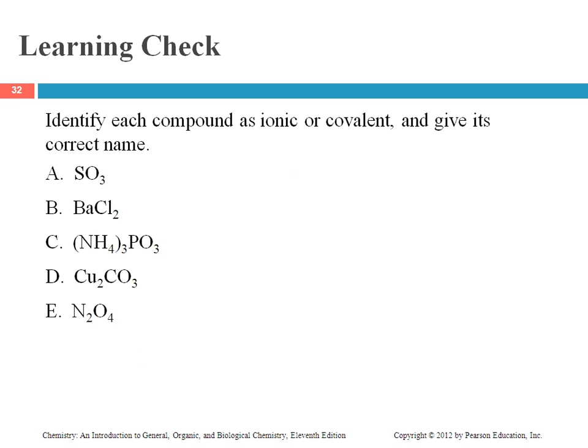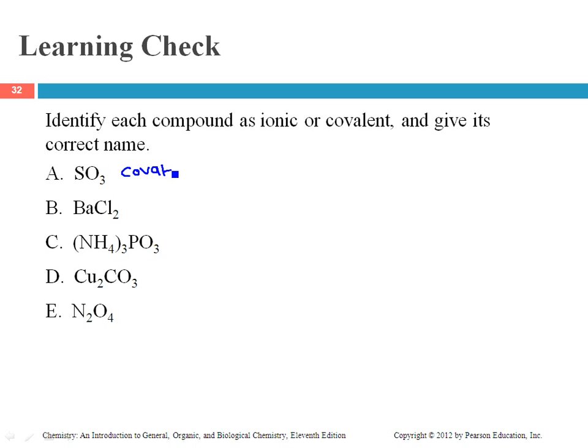Okay, so let's start here. We want to identify each compound. So we have sulfur and oxygen, both of which are nonmetals on the right of the stair step on our periodic table. Okay, so these are going to be covalent.